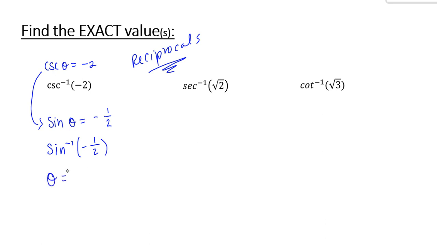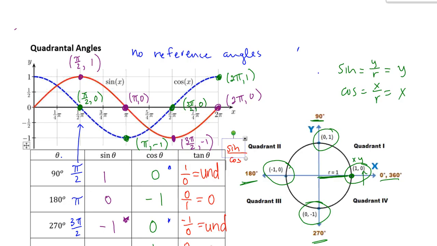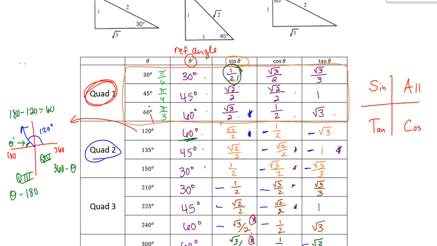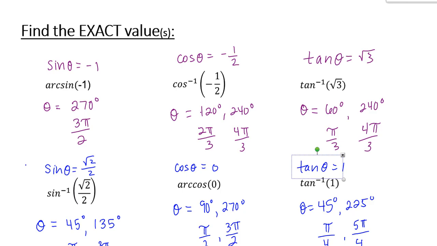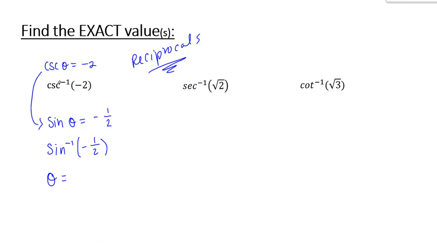So theta equals, looking back at our table, -1/2 happens at 210 and 330. So the answer for this original problem is 210 and 330 degrees, pi over 6, 7 pi over 6. So you just got to implement the whole reciprocals thing.